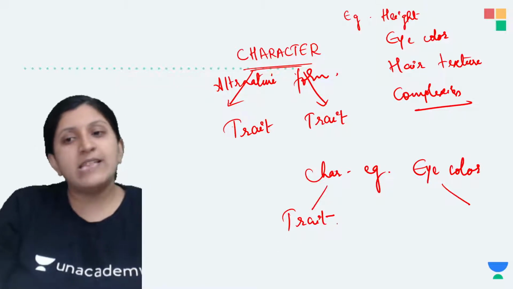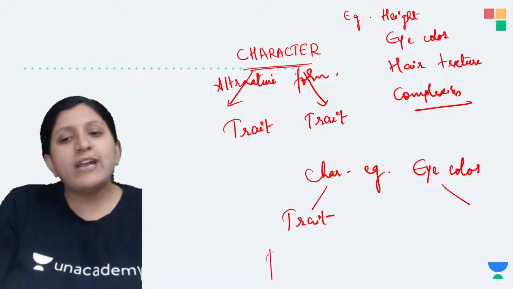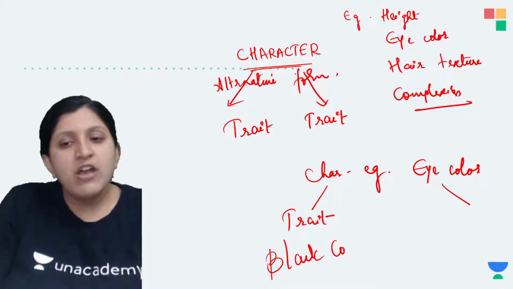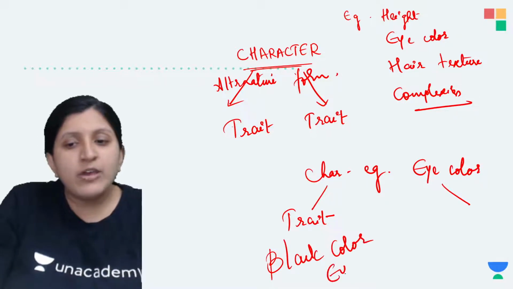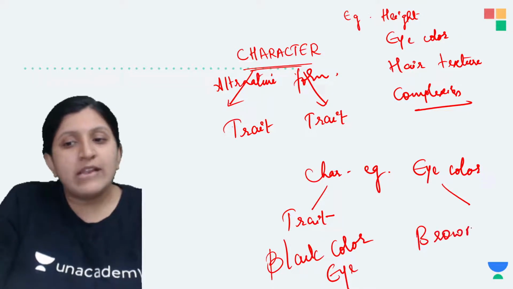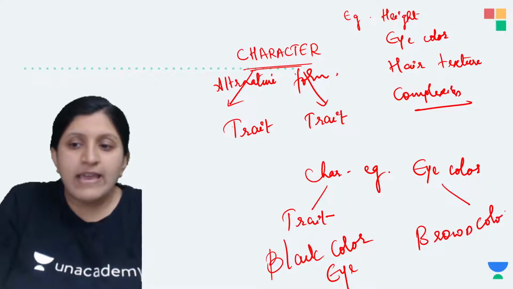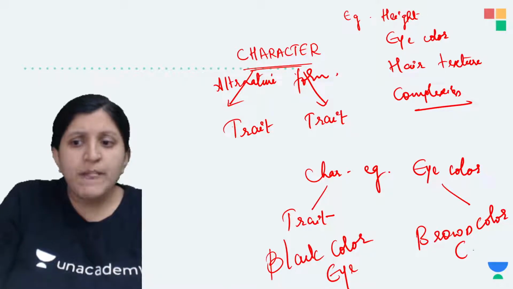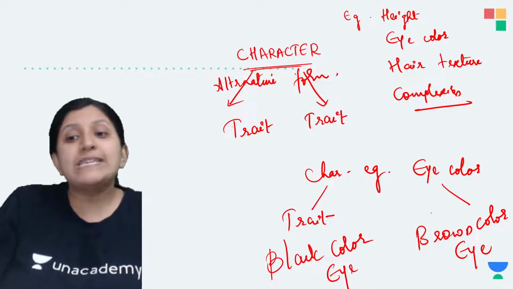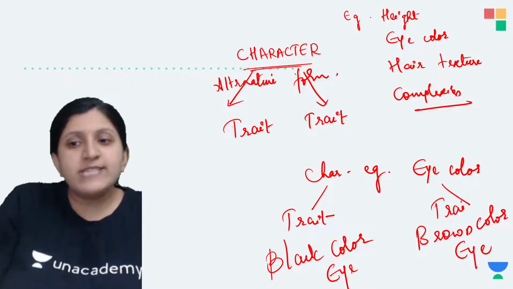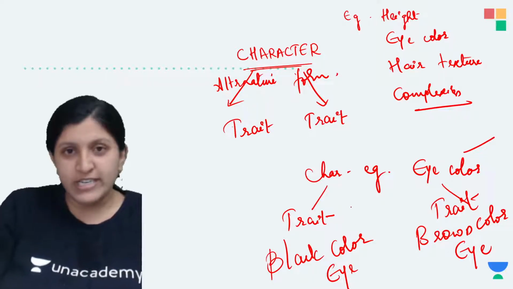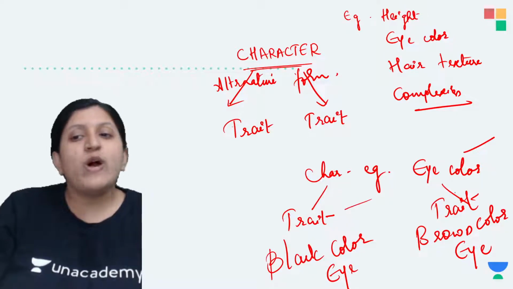In eye color you can find a black colored eye, and also a brown colored eye. So these are basically the traits. In this character you can find the alternative forms, and those we call traits.